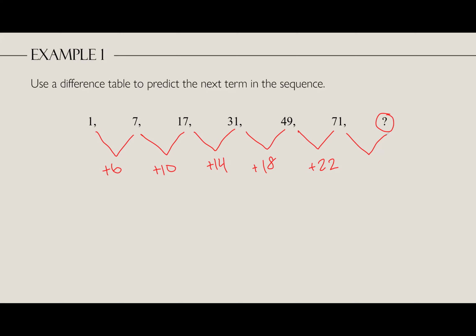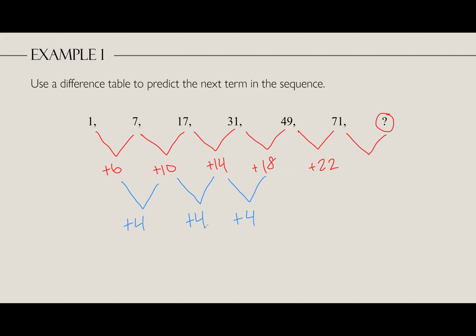So if I look at my next row, or my next sequence, I have 6, 10, 14, 18, 22, and some other mystery value. Let's take the difference again. How do I go from positive 6 to positive 10? Well, I would say there's a difference of 4. Well, from 10 to 14? There's also a plus 4.